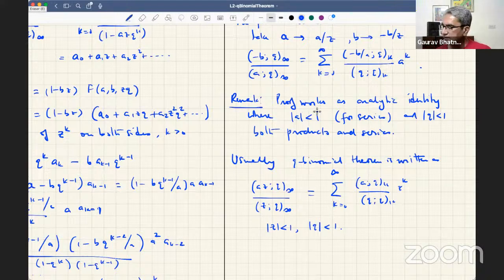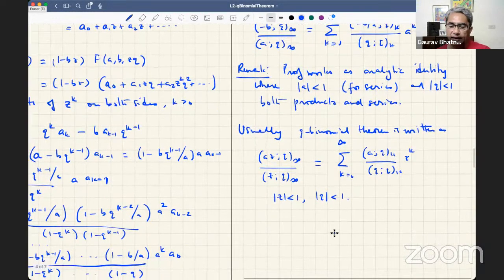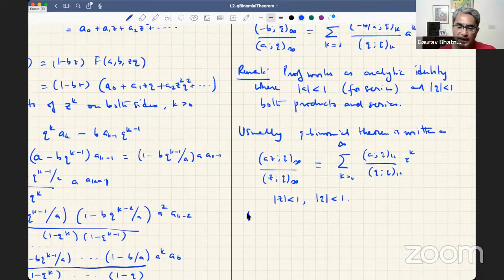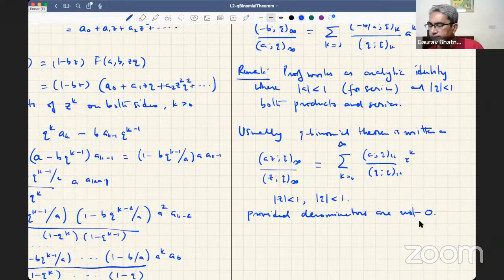Both these sides work out, provided the denominators are never 0 on either side.